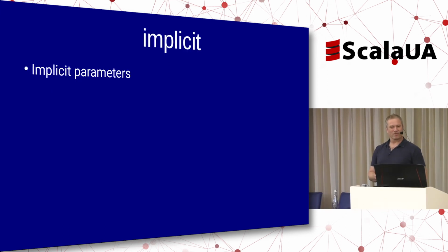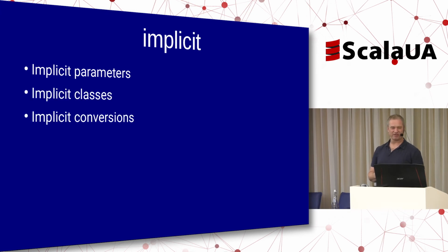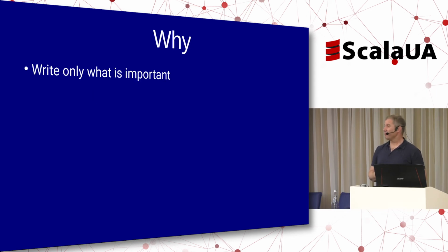There's some minor thing again, this implicit. It's not really that bad, but we have implicit parameters, implicit classes, implicit conversions. And the question is why? In Ruby, you have something like monkey patching.